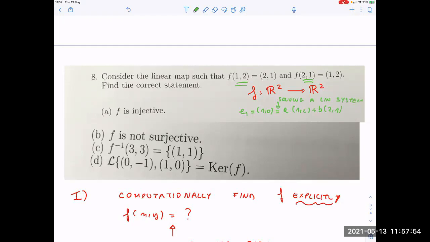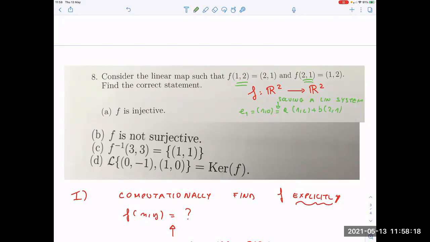Okay, now you don't need me to show you how to solve this linear system. In this case, it is kind of easy to see that if you take this vector and subtract twice this one, you will get something which is very close to 1, 0.